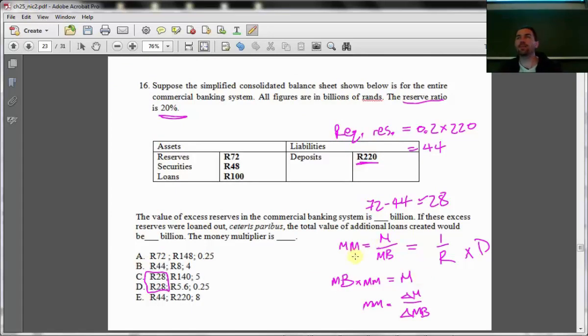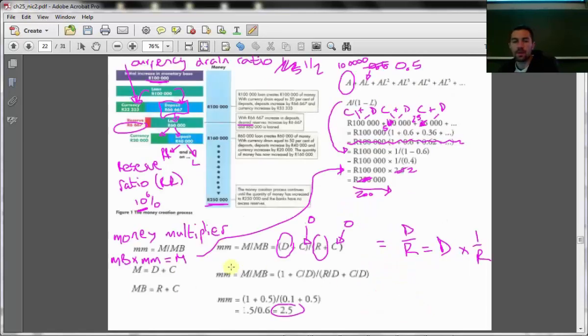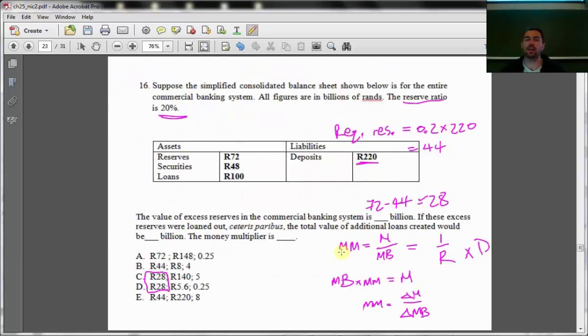Money multiplier, a quick way of calculating the money multiplier, instead of this D plus C over R plus C business, right, is just to say money multiplier when C equals 0 is just 1 over required reserve ratio. Okay?